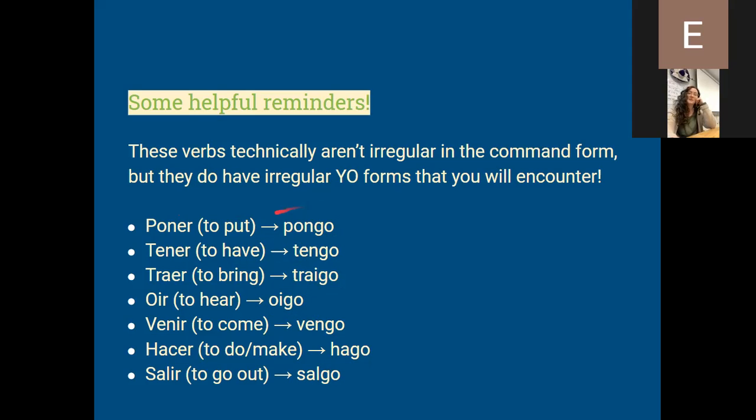So these are the yo forms that you'll have to use in your formula. So poner, the yo form is pongo. So the negative command would be no pongas. Tener would be no tengas, no traigas, no oigas, no vengas, no hagas, no salgas. So if you have these written down, it'll be less of a surprise that they are actually go verbs instead of just regulars.